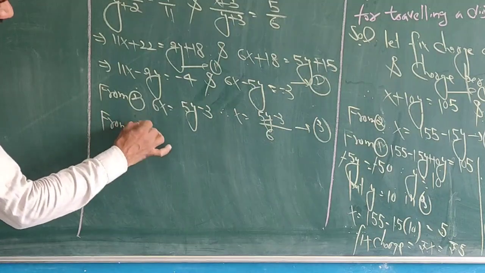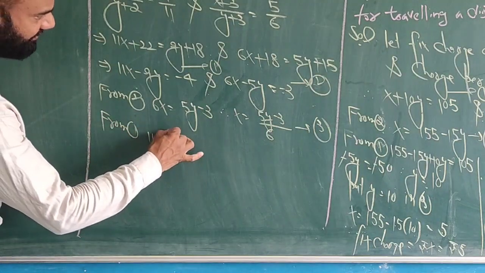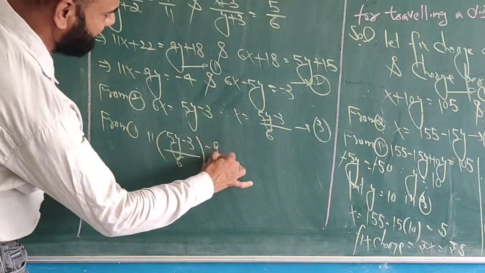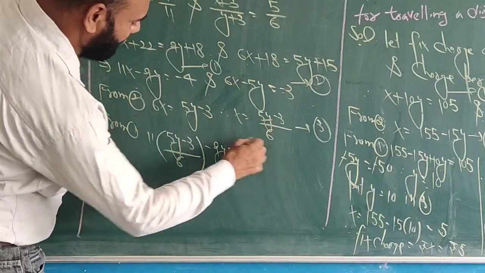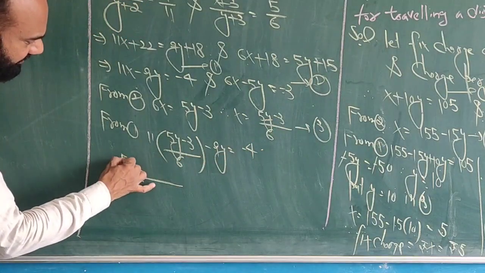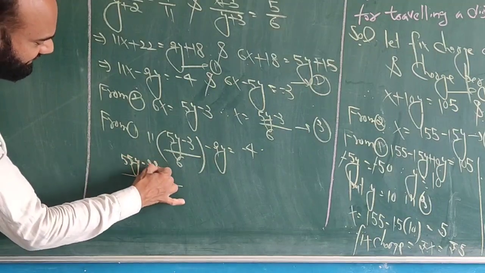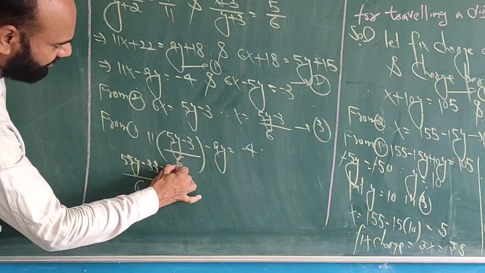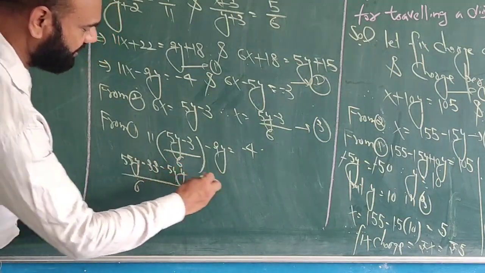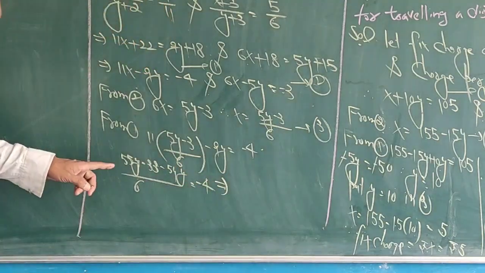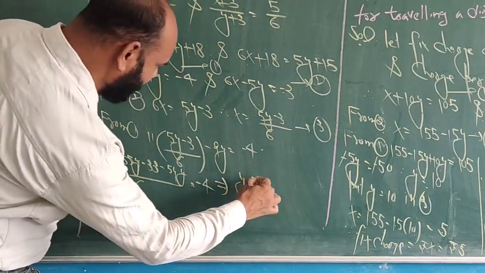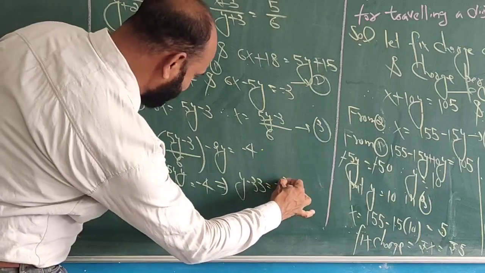Therefore, from the first, 11 times 5y minus 3 upon 6 minus 9y is equal to minus 4. So 6 is the LCM, and this is 55y minus 33 and minus 54y is equal to minus 24.